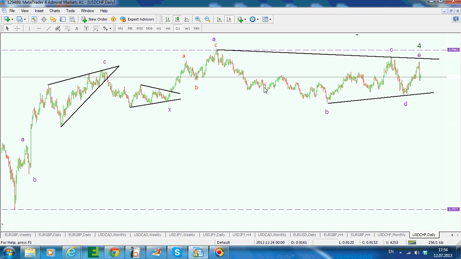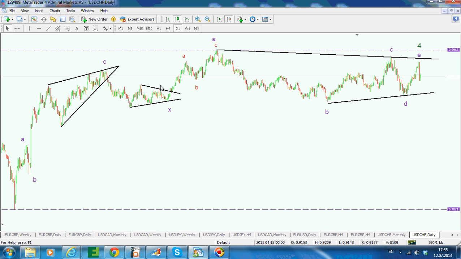The inner structure here of the waves, it is being formed most likely out of a complex correction with ABCX, ABCX, and then ABC as a triple combination, or a double combination with a zigzag and a flat. The same here.